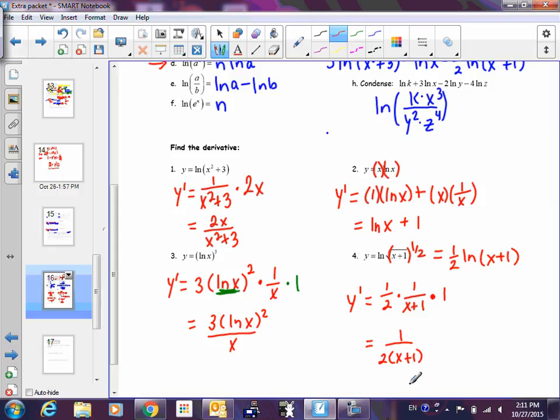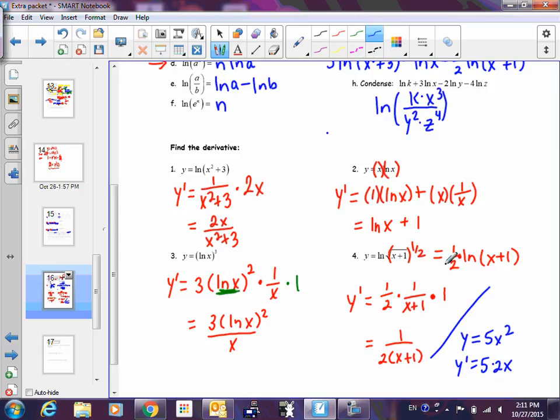Okay, I know I went through those 4 examples pretty quickly, so do you have any questions? Because I'm taking the derivative of 1/2 times this, it's just like on another problem, when you had 5x squared, your derivative was 5 times 2x.